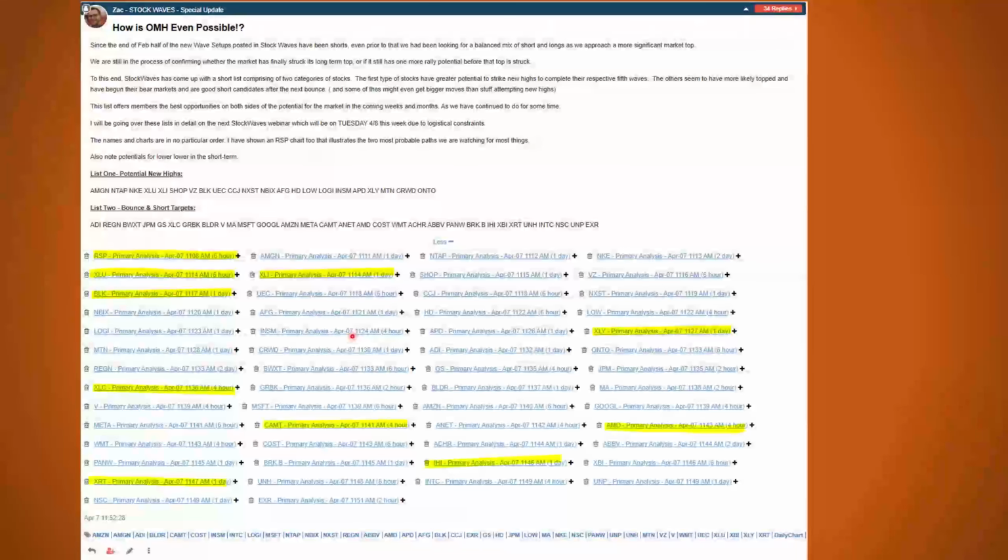I mentioned that sometimes we do special updates, and this is one of the things I wanted to talk about for our presentation today. Back at the beginning of April, we noticed a possible breakdown of some initial support, but a clear corrective ABC move down in the broad market that was setting up for at least a bounce, with many things that still had potential to make higher highs over their February and March highs.